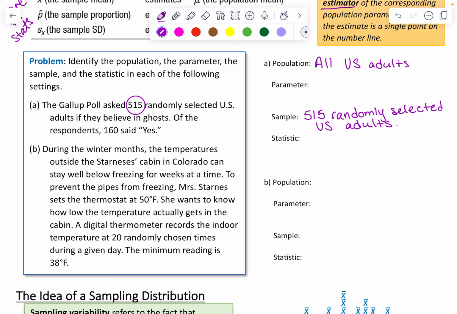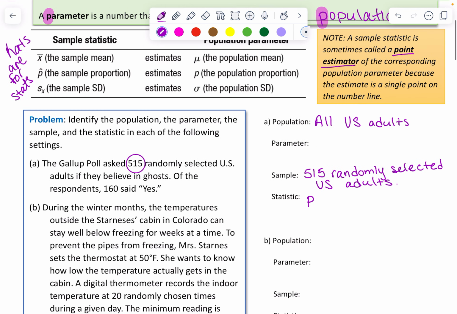Okay, the statistic is whatever our sample is talking about. So our sample says 160 out of 515. So that's a proportion, so we're going to use P. And if you look back over here for sample statistic P, it's actually going to be P hat.